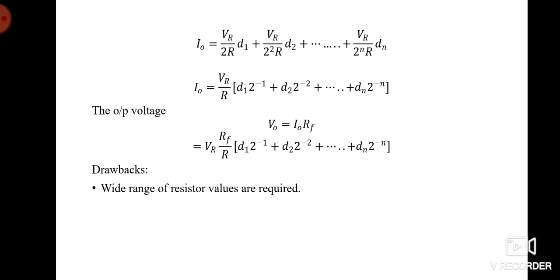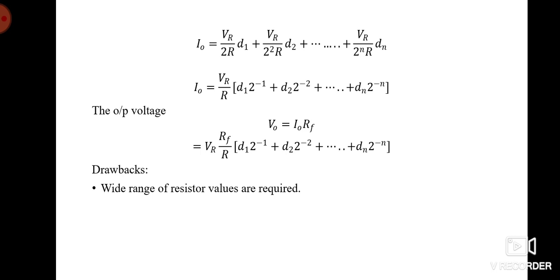The drawback is that it requires a wide range of resistor values. For example, for an 8-bit DAC, the resistors required are 2^1 R, 2^2 R, 2^3 R up to 2^8 R. Therefore, the largest resistor is 128 times the smallest one.